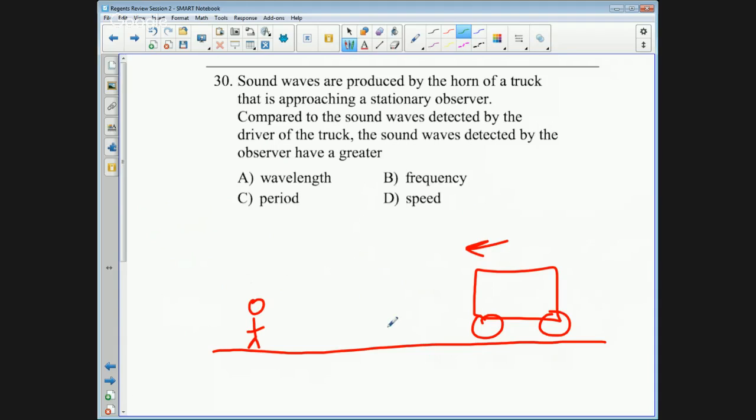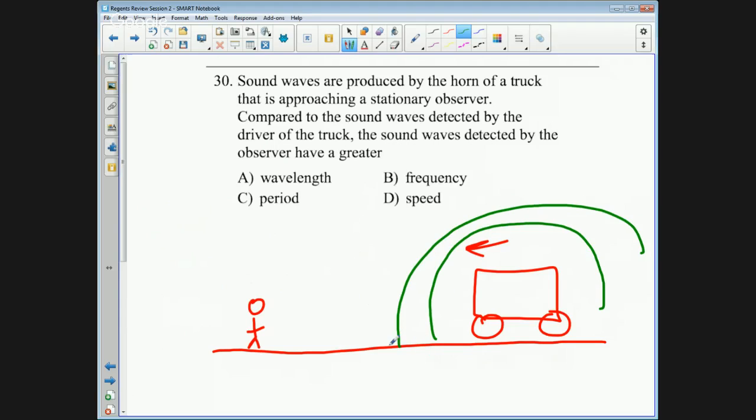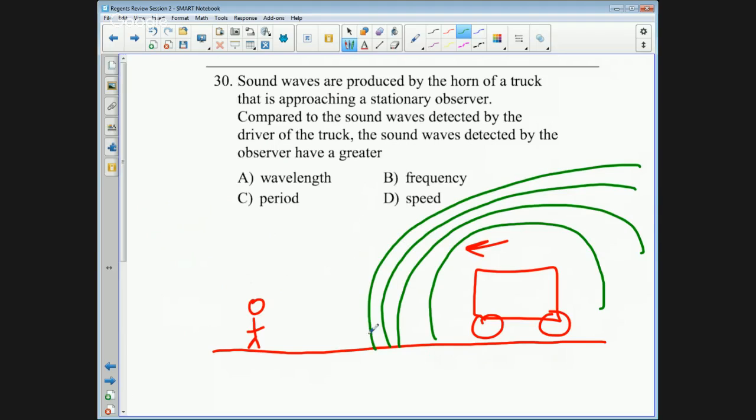What's going to happen is the sound waves in that same direction are going to get bunched together, okay? They're going to get closer and closer together. They're basically getting squished together. So this is actually increasing the frequency. So the answer is B here.